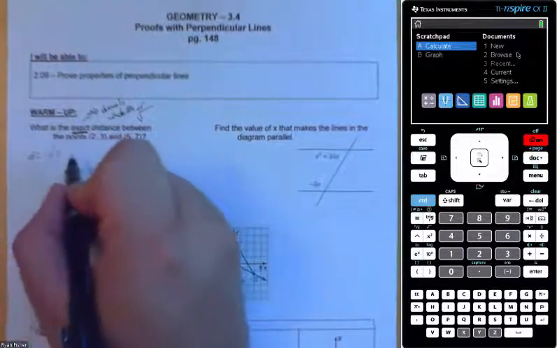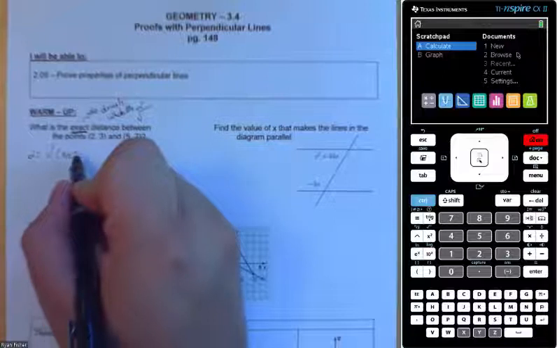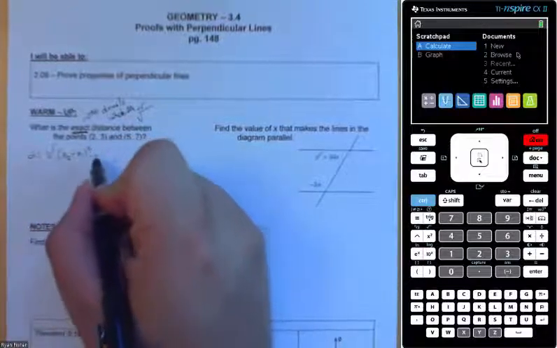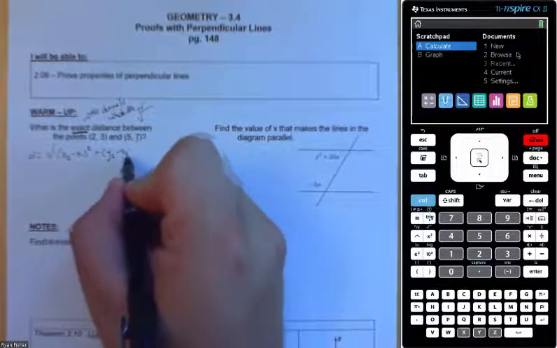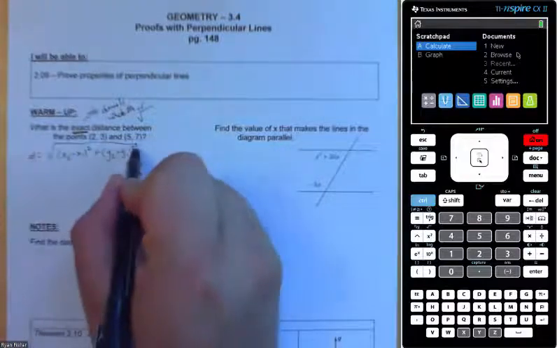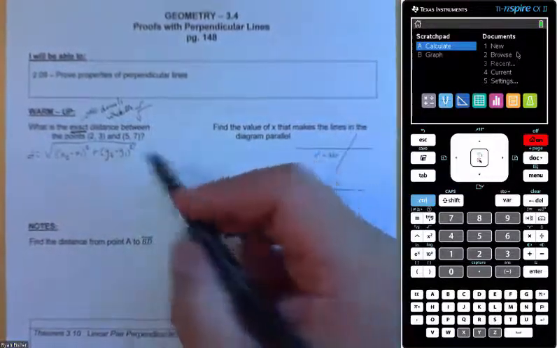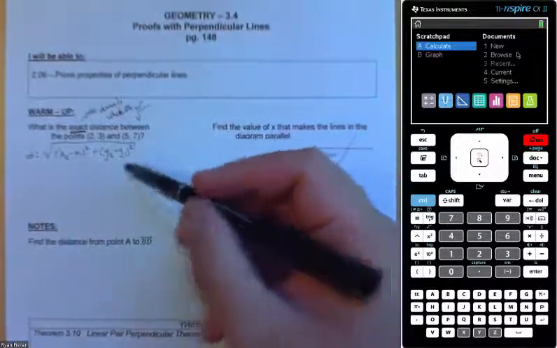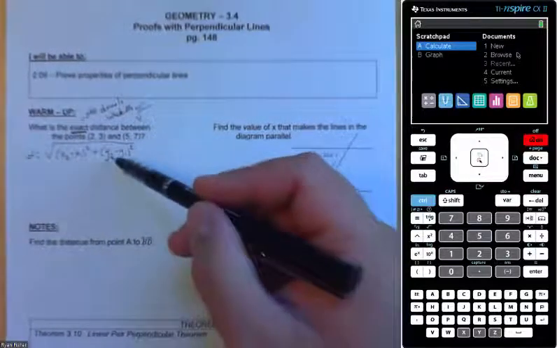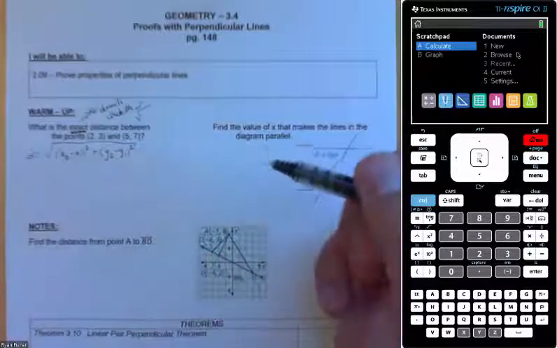That's the square root of subtract the x's and square it, and subtract the y's and square it. Another way of thinking of this is the Pythagorean theorem. If you were to sketch these points and make a right triangle of it, you're going to find these x2 minus x1 and y2 minus y1 are the sides of the right triangle. In any event, let's plug some stuff in.